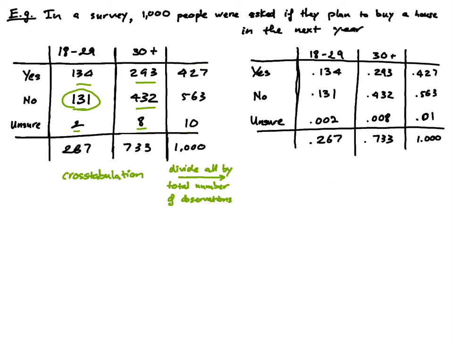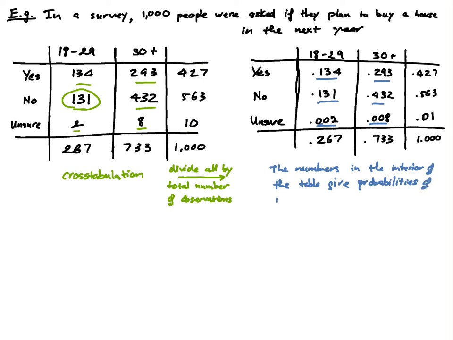Now, how do we read this table? For this table, the numbers in the interior give probabilities of intersections of events.